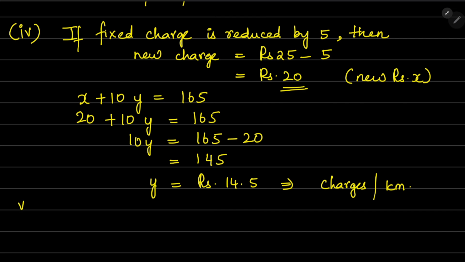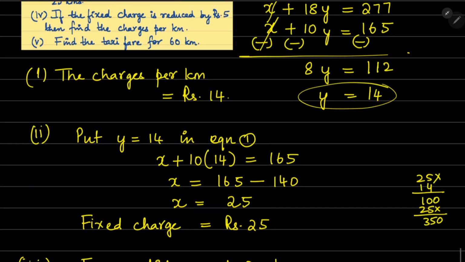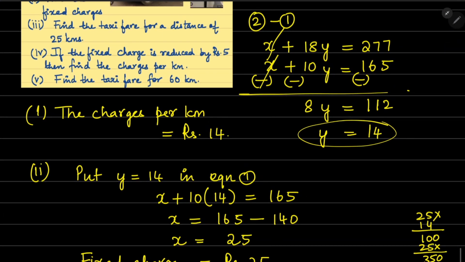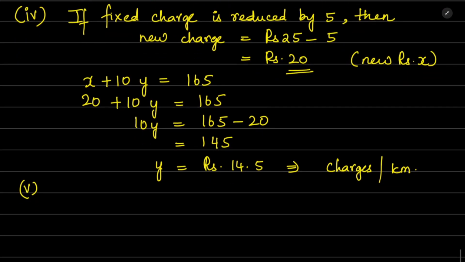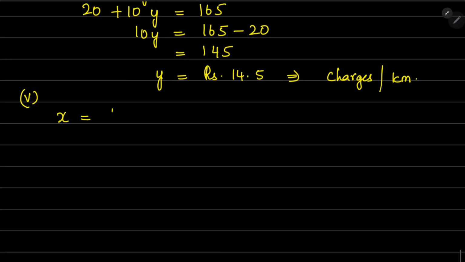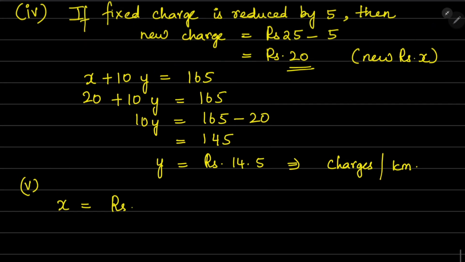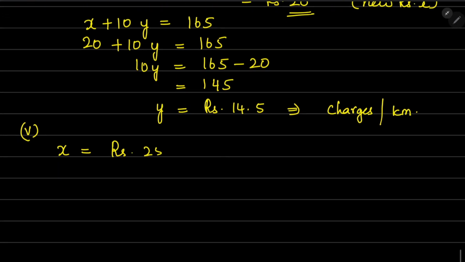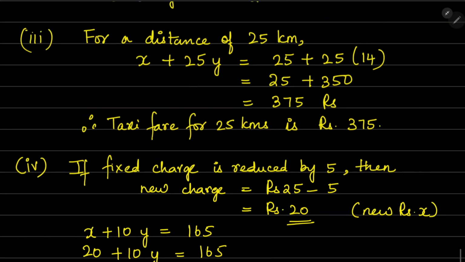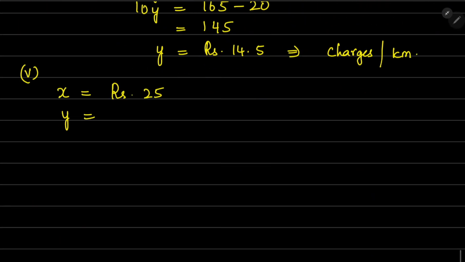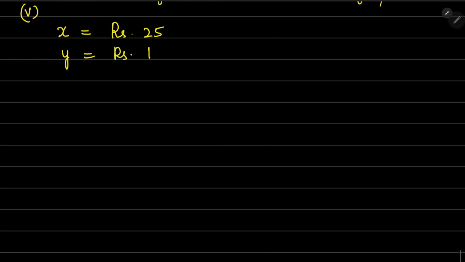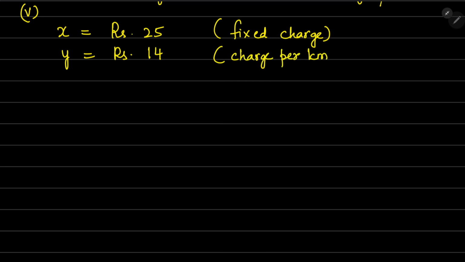Clear? Now let's move on to the fifth question. Find the taxi fare for 60 kilometers. Now what is your fixed charge? x is equal to rupees 25. What is your y? That is charges per kilometer. It is rupees 14. Right? So this is your fixed charge, and this is your charge per kilometer.